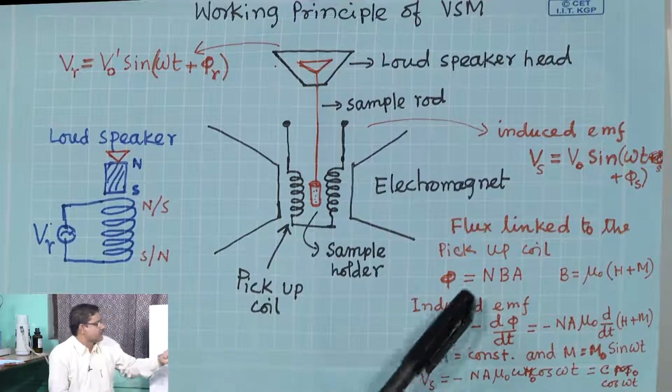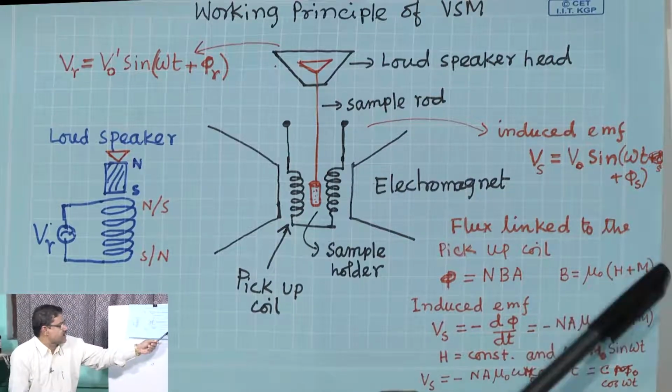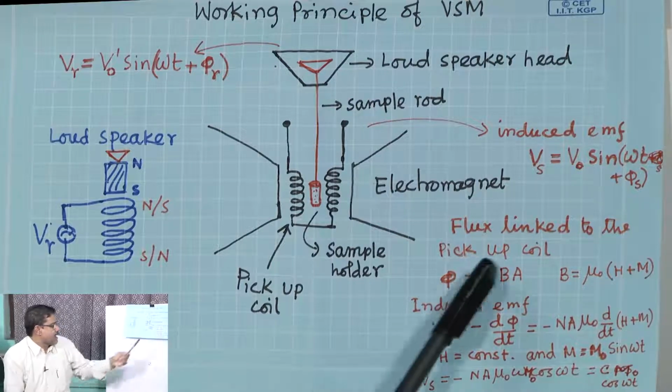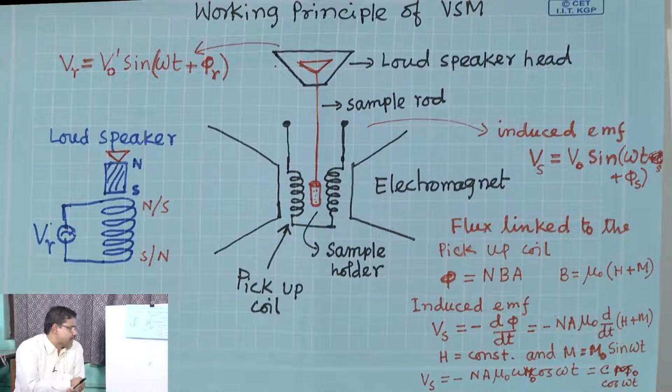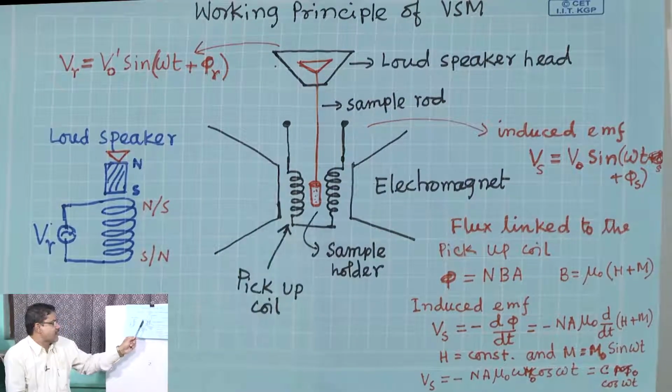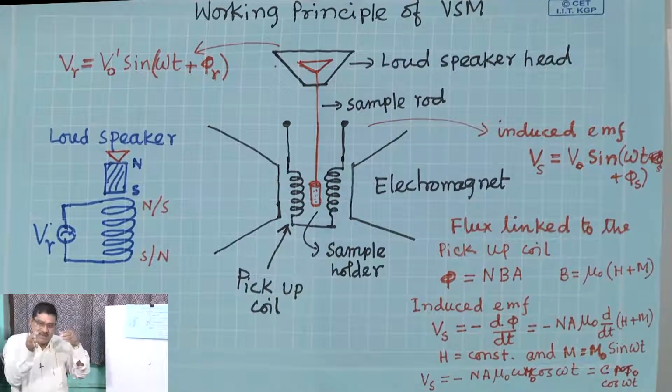So B equals mu 0 (H plus M). And A is the area through which these lines of force are passing.